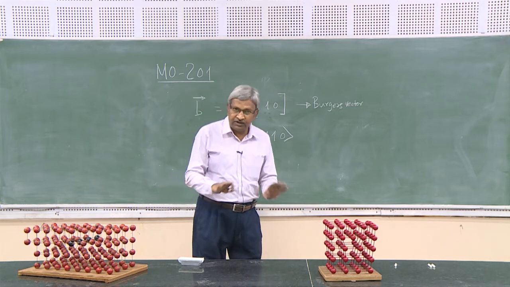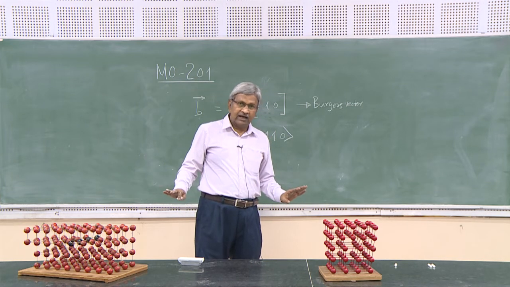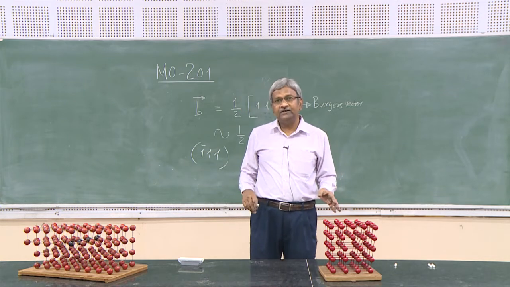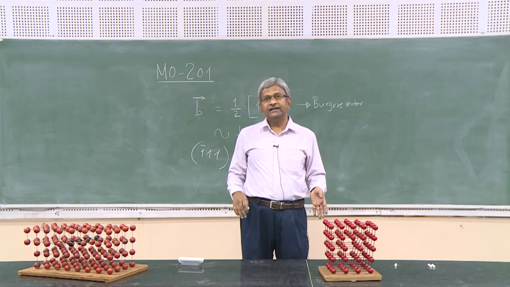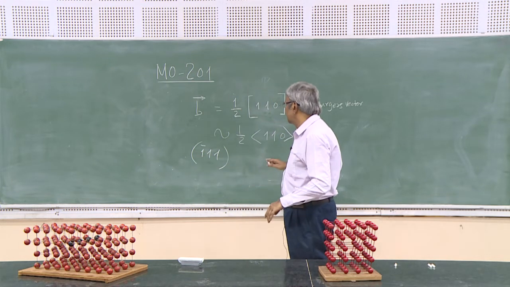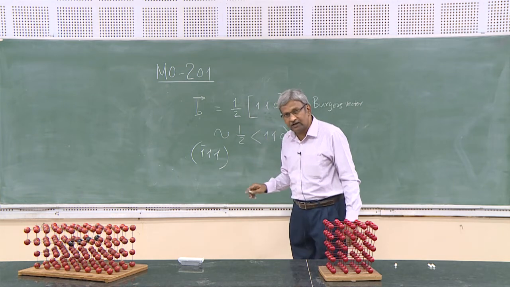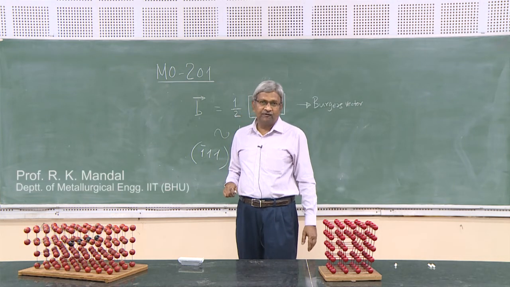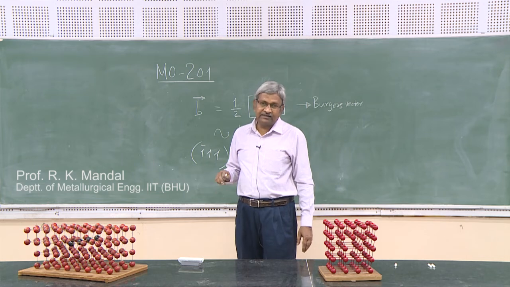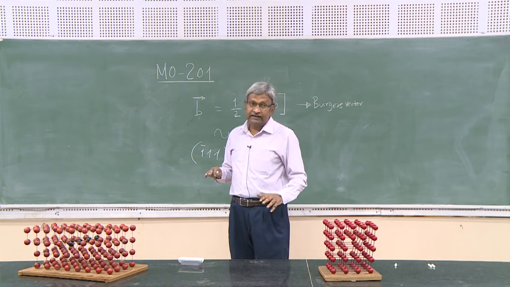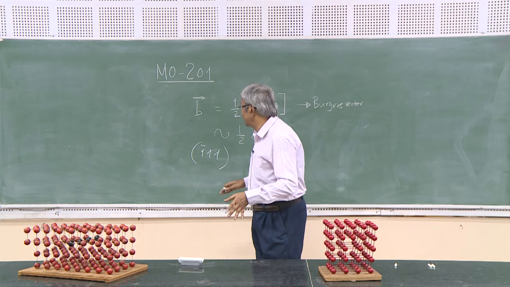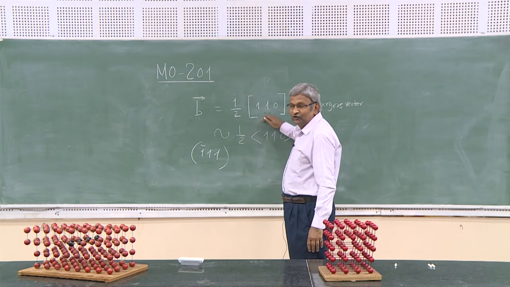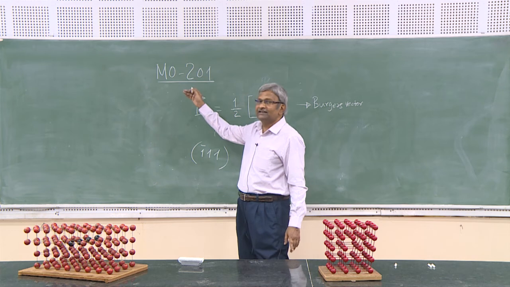It can be shown energetically, as I have shown you in the class, that it is favorable for a single perfect dislocation to decompose into 2 partials of the type 1/6 of 2 1 1 type of vector, and this vector will move. They need not move in the same plane where this vector is contained. So, it has to find out the next.